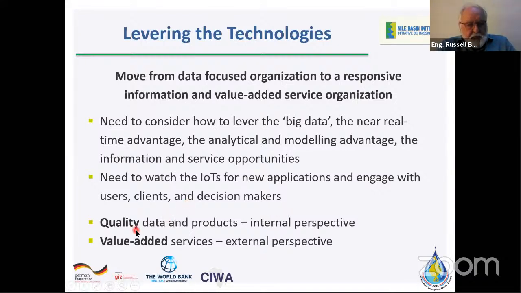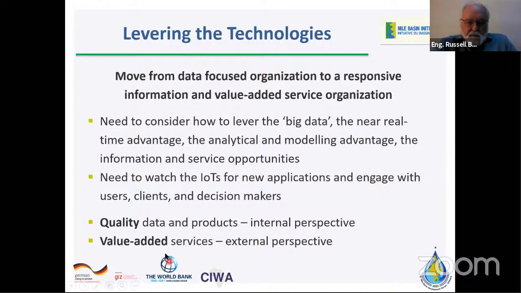There's one little concept I want to highlight here. We often hear about quality and value added. And it's really interesting to note that when we talk about quality of data and products, this is an internal perspective of the organization. And often this is what we focus most on, trying to produce quality data and products.